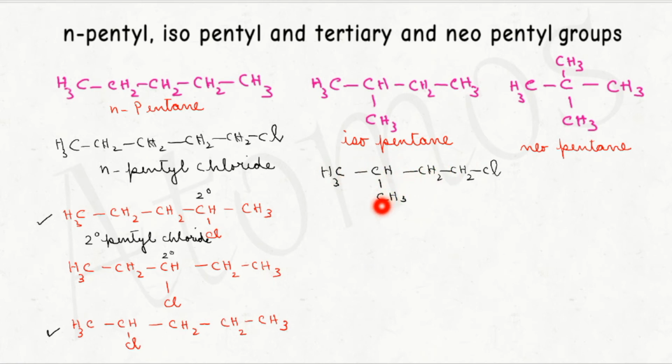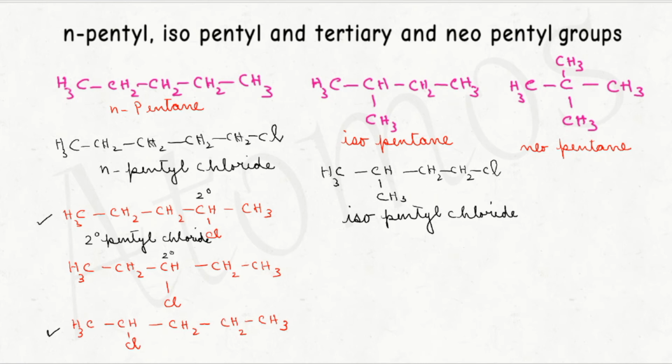So this is isopentane. Then we will see where the substituent is attached. It is not in the middle, it is at the N carbon atom. So we don't want to change the name of the isomer. We will write the common name as isopentyl chloride. So easy, right?